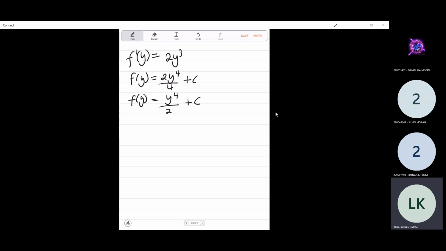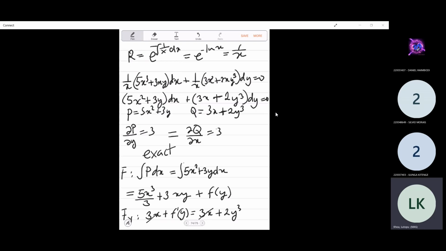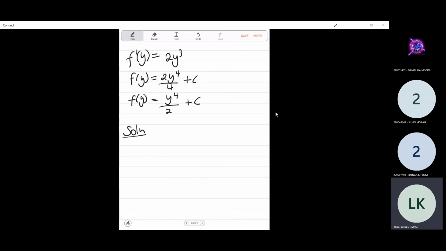Okay, then our solution will be 5x cubed over 3 plus 3xy, and then we add our f of y, and this is equal to c.